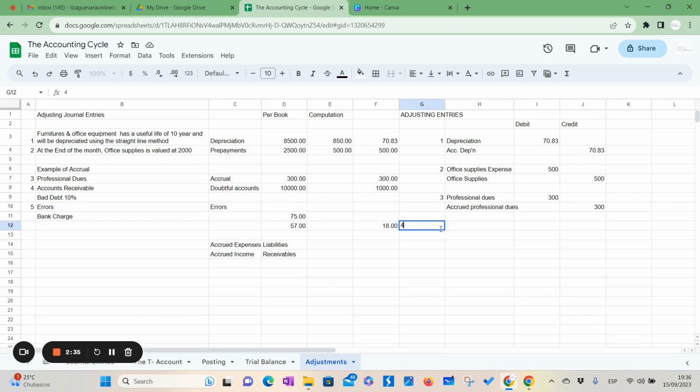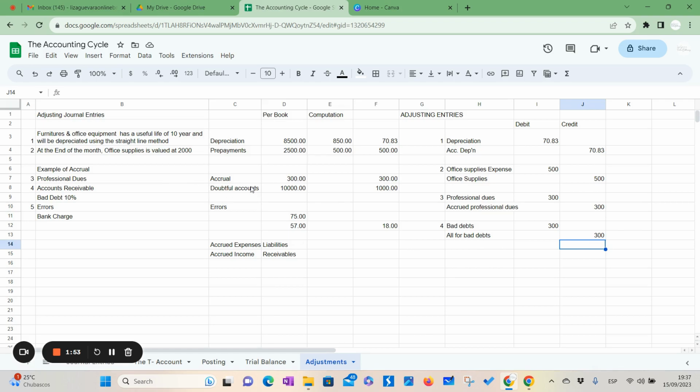Next, we have number 4, the doubtful accounts. We debit bad debts or doubtful accounts in the amount of 300 and credit allowance for bad debts. Allowance for bad debts is a contra asset account of the accounts receivable. So once you present the accounts receivable, you will put accounts receivable 10,000 less allowance for bad debts of 300.